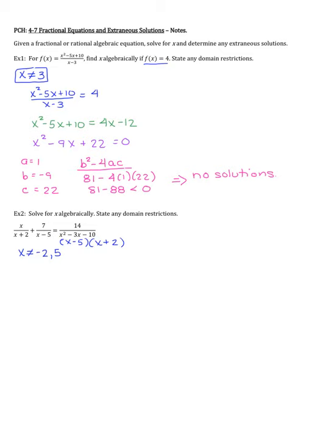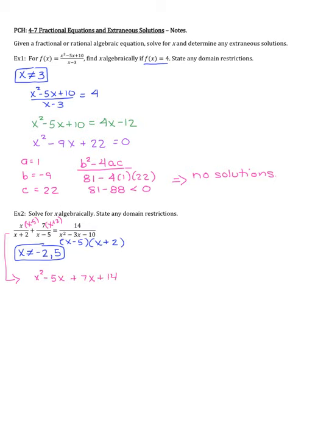So I'm going to make a common denominator on both sides. I'm going to circle our restrictions here. So that means this first fraction is going to need x minus 5, and this one is going to need x plus 2. So I'm going to have on top x squared minus 5x plus 7x plus 14.